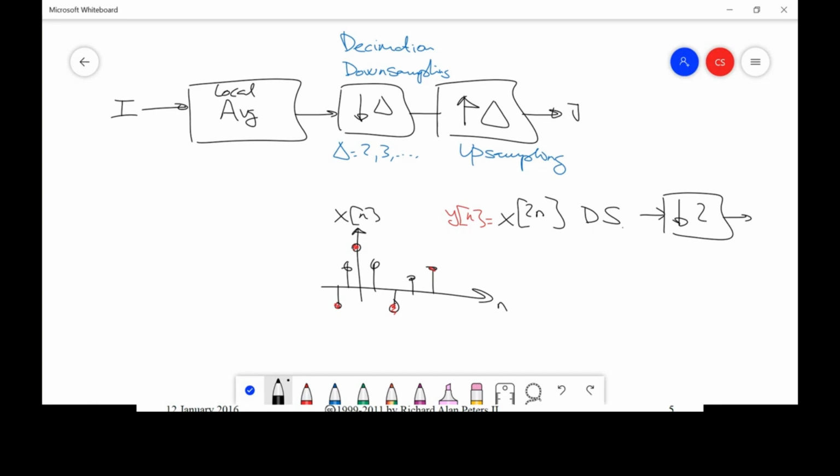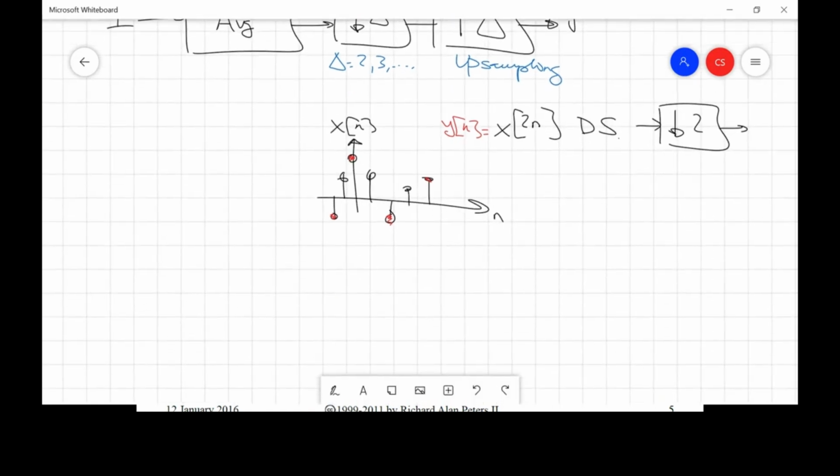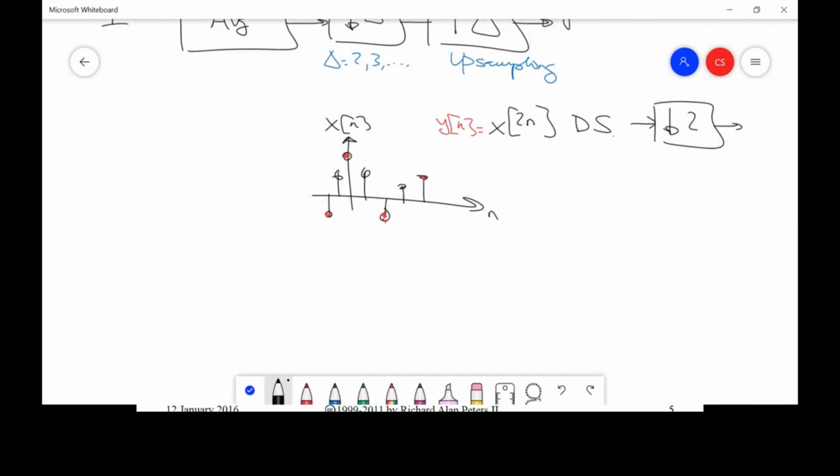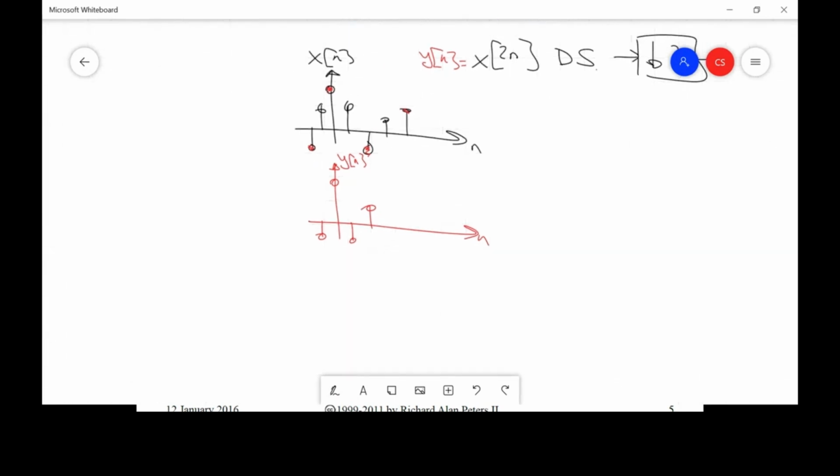What is the upsampling? And here it is where it is different. Now, let's say that I have this signal, and this is my y of n, that I have downsampled. And you want to construct a signal that looks like this.